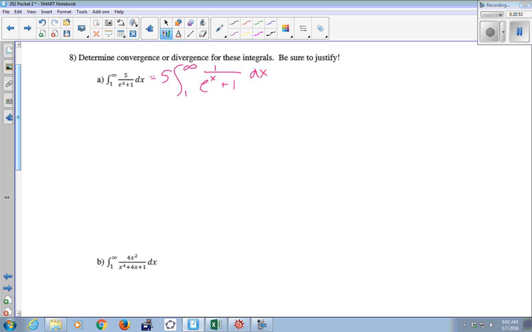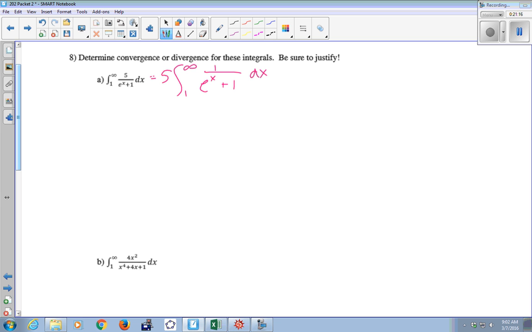Now I'm just going to look at the integral and not the 5. If that integral is infinite, what's 5 times infinity? Also infinite. If that integral is finite, what's 5 times a finite number? Still a finite number. So that 5 is kind of irrelevant. So I'm just going to look at the integral 1 over e to the x plus 1.